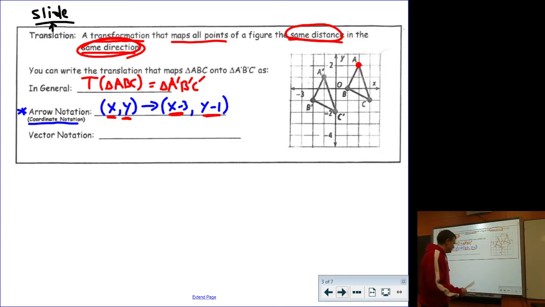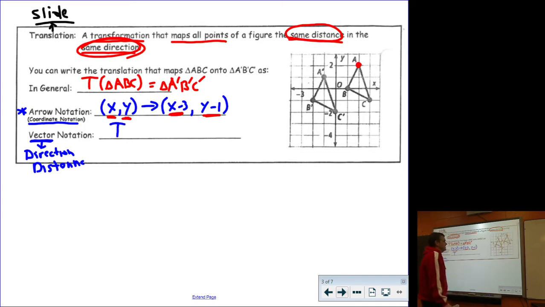What I like better than arrow notation is this thing that we call vector notation. A vector in a translation gives you direction and distance. And this is how you write it.